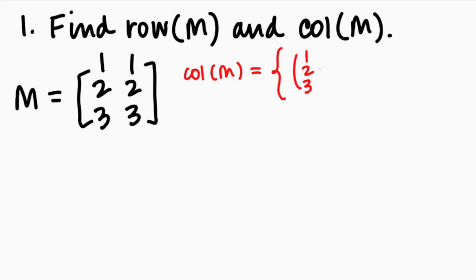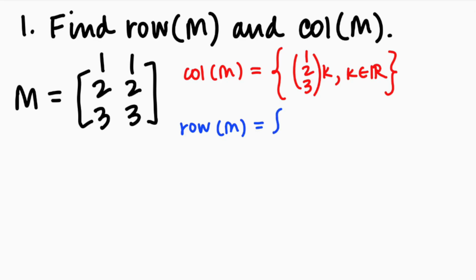And I could call it k, 2k, and 3k, or I could just call it that times k, where k is just some real number. And then the row space, okay, each row, I've got the same component twice, right? So the second component is equal to the first component. So I would say that the row space of M, all possible combinations of that, is still going to leave me with rows where I have the same number twice.